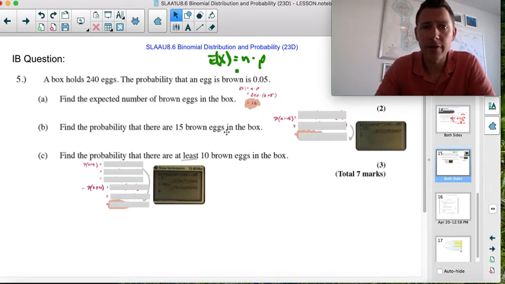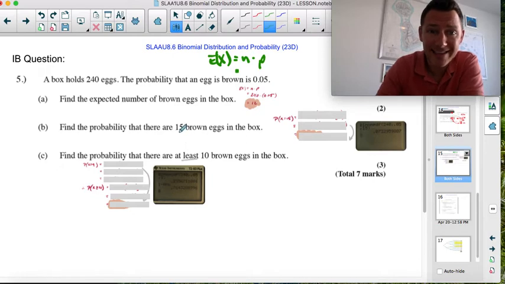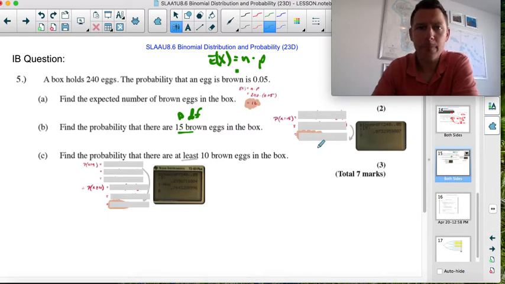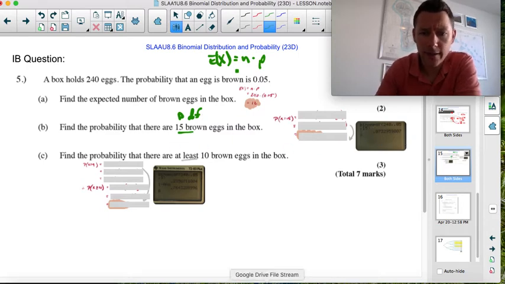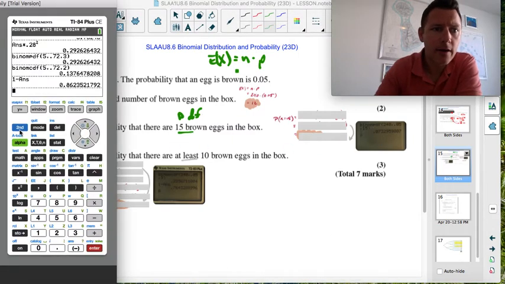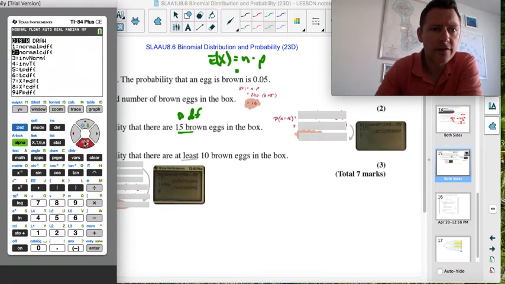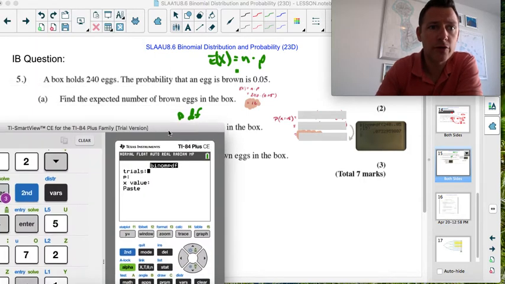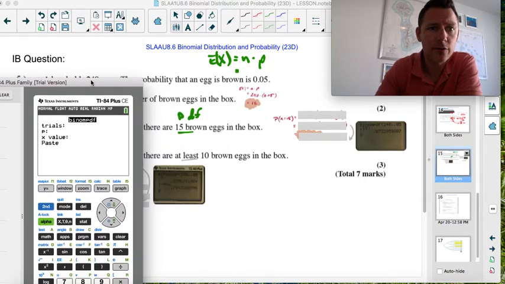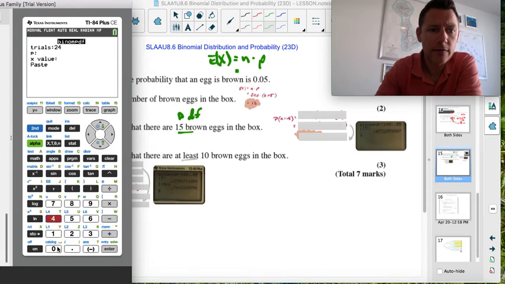Find the probability that there are 15 brown eggs. This is exactly 15, so this sounds like PDF to me. Precisely 15 eggs. Let's show you on the calculator. I'd use second distribution, binomial PDF, and I want precisely a certain number of eggs. There's 240 eggs, so 240 is my trials.